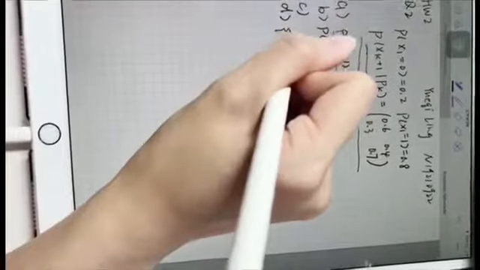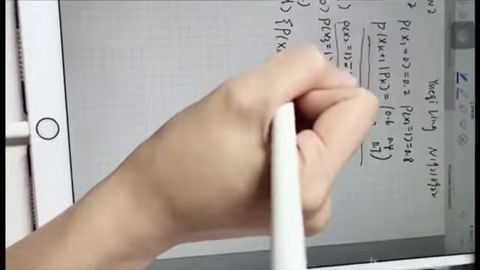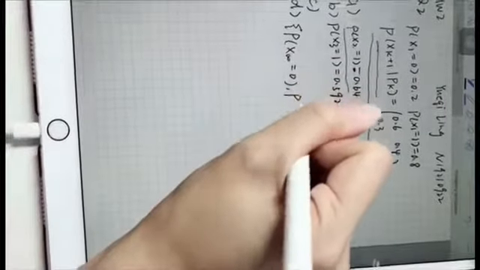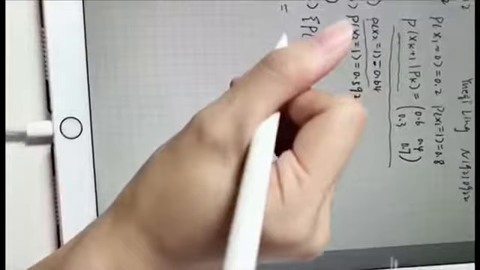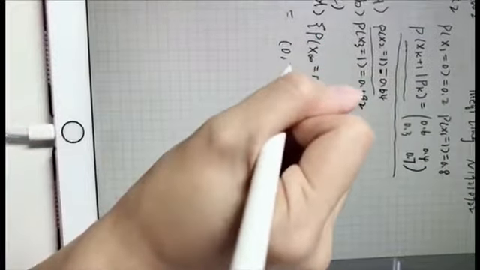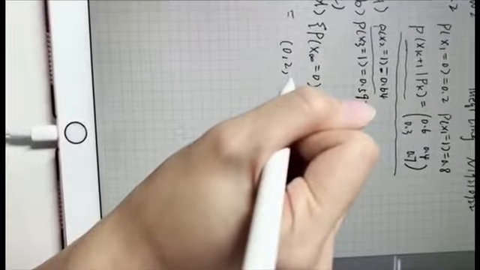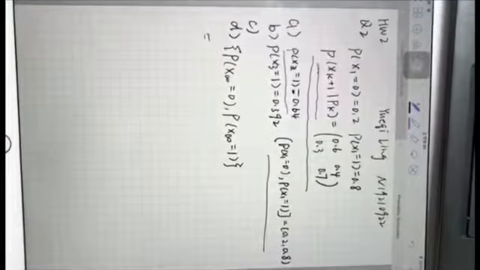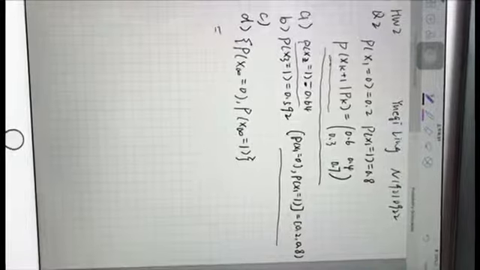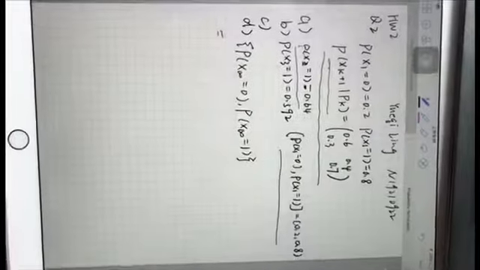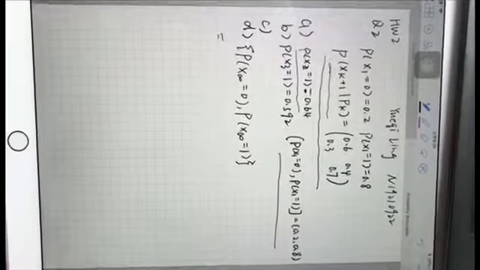Question D needs us to find the probability of x infinity equals 0 and x infinity equals 1. That can be the probability matrix of x1, multiplied by the conditional transmission matrix.